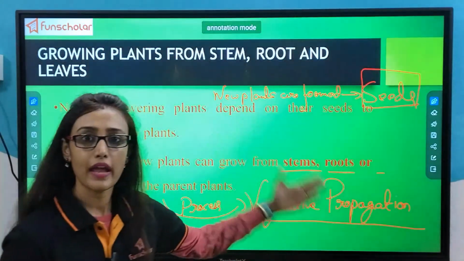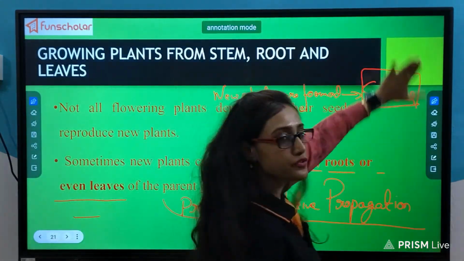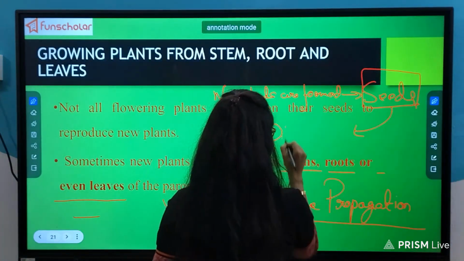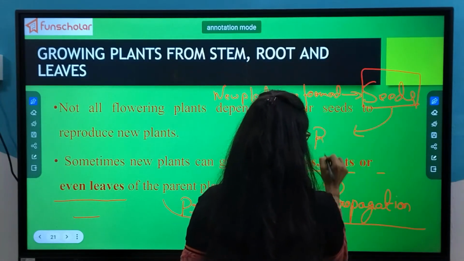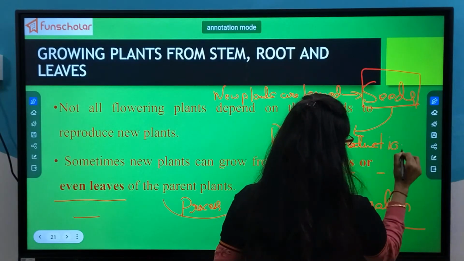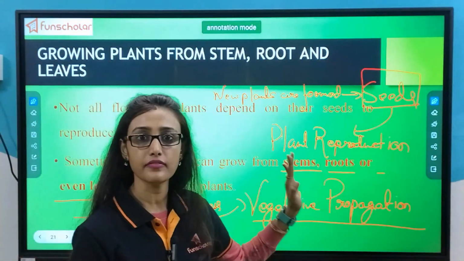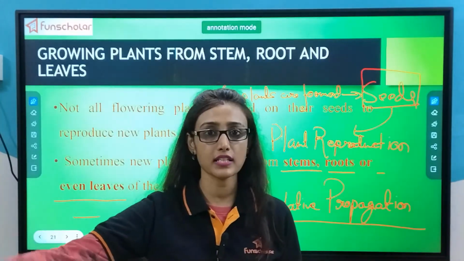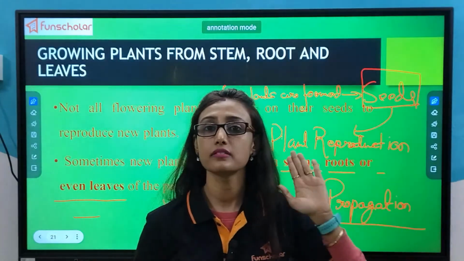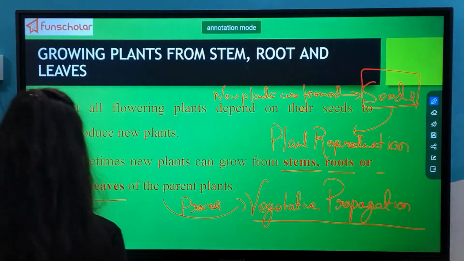And when the plants are produced from seeds, this process is known as plant reproduction. Apart from seeds, when the plants are produced from stems, roots or leaves, that process is nothing but vegetative propagation. Vegetative propagation: stem, root, leaves. From seeds, that is nothing but plant reproduction. Understood the difference between the two terminologies? I hope you have.